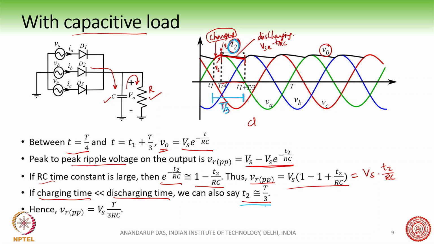So we can write T2 equal to T by 3, and hence VR peak to peak is Vs into T by RC.